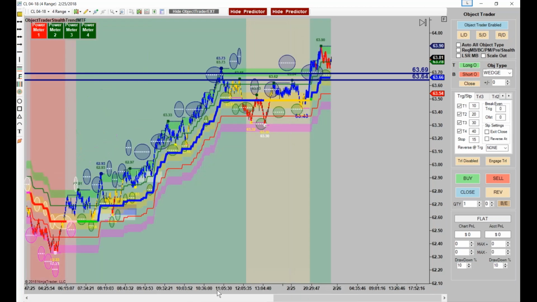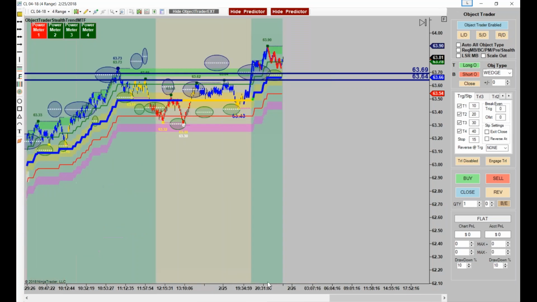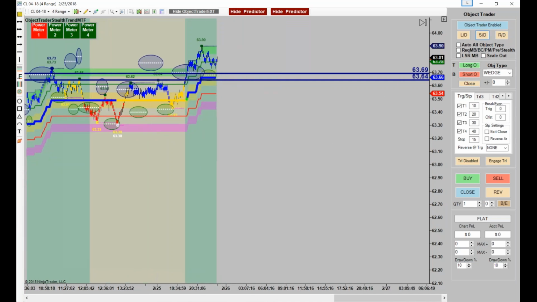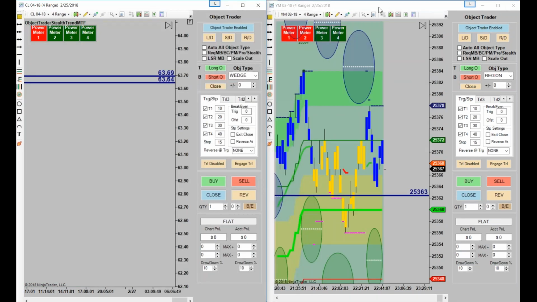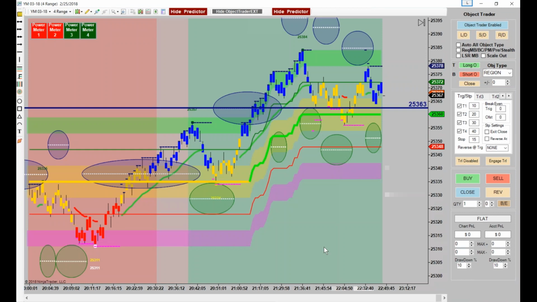And let's see if they've done, well, they did a phantom. So we'll have to be careful of our next phantom, but we will take it. Okay, so let's just see what this chart does next. And let's be prepared for whatever it does. All right. Let me go ahead and get rid of this one. And what we'll do is we'll trade the YM chart.